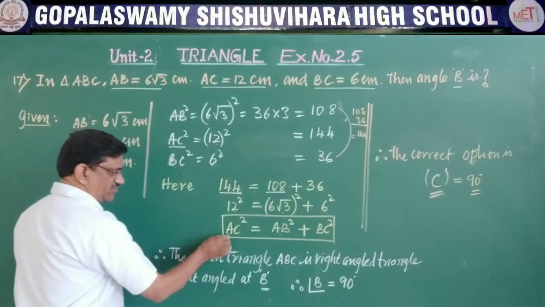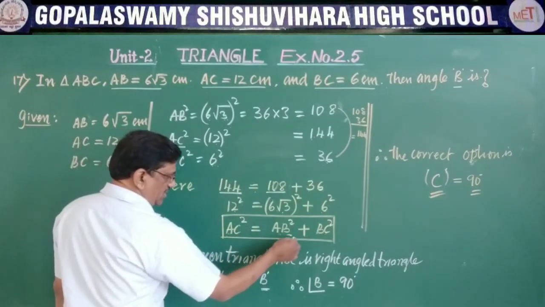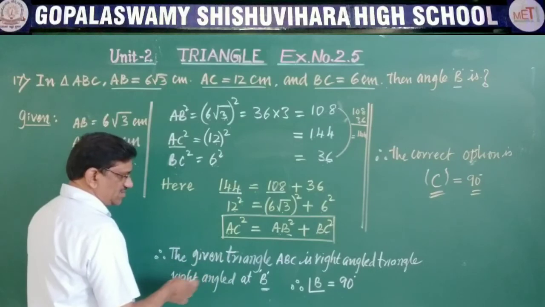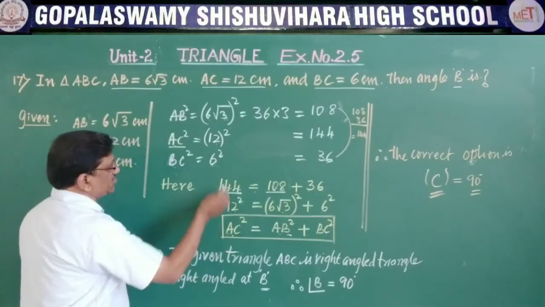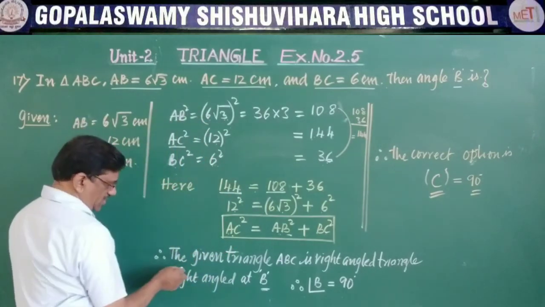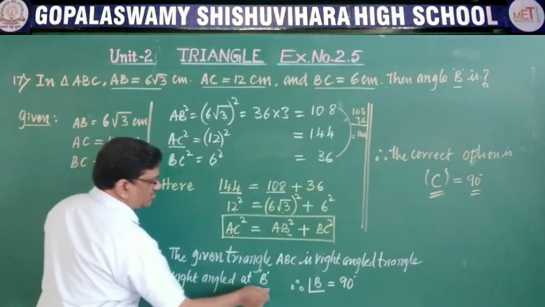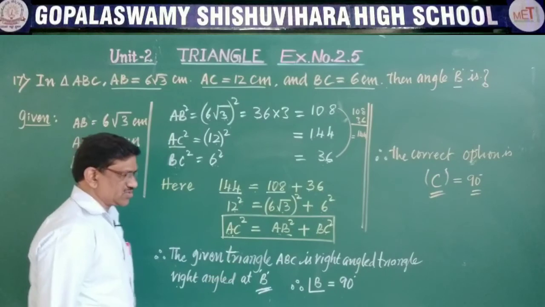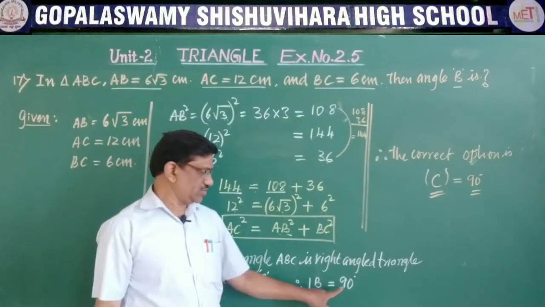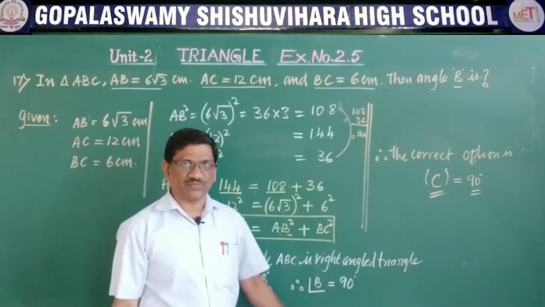So on the basis of that, here the angle B is a right angle. So therefore the given triangle ABC is a right angled triangle, right angled at B. Clear, children? So that means angle B is equal to 90 degree. Clear, children?